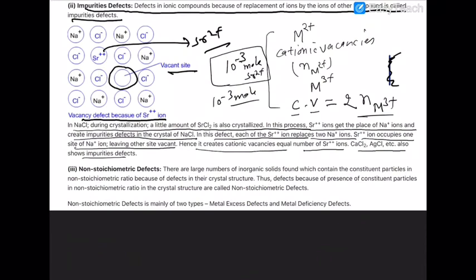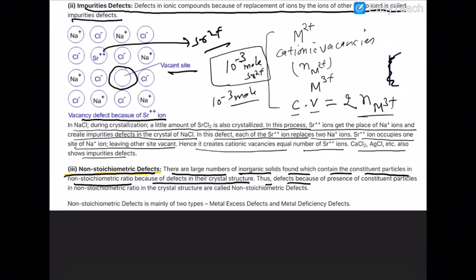Now, the next very interesting topic is called non-stoichiometric defects. What happens in case of non-stoichiometric defects? They change the formula. There are a large number of inorganic solids which contain constituent particles in non-stoichiometric ratio because of defects in their crystal lattice.